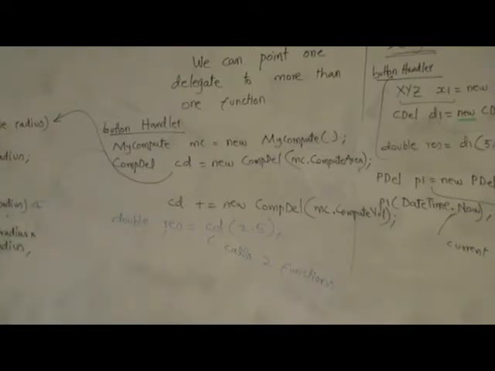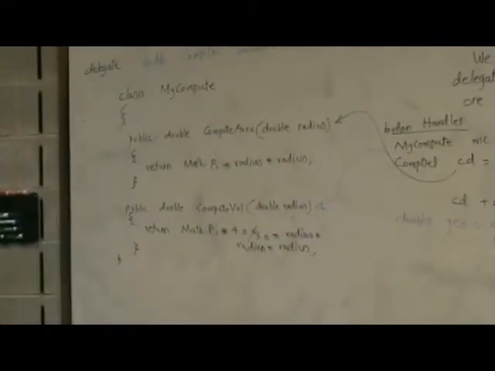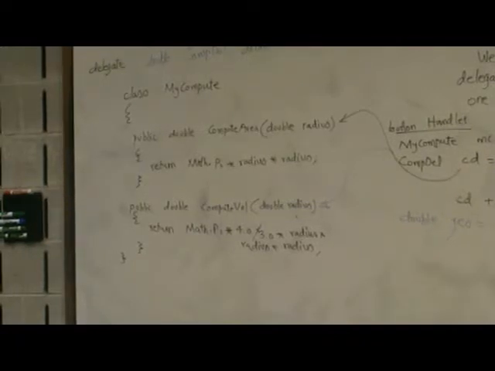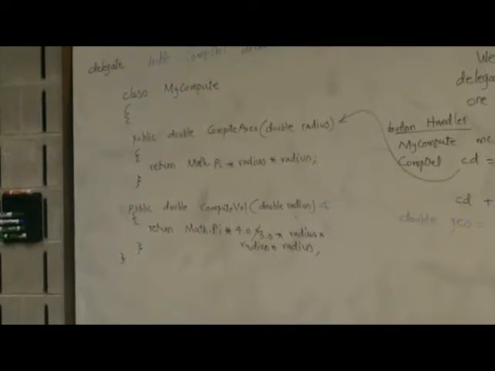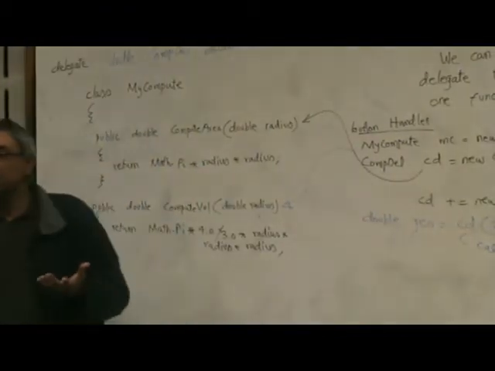Will it be the result of ComputeArea or will it be the result of ComputeVolume? Because they both return different results. What's your guess? Last one. One possibility is the last one, right? Yeah. But then the question is, what's the point of it? If we are totally ignoring this, what's the point of pointing to multiple functions?